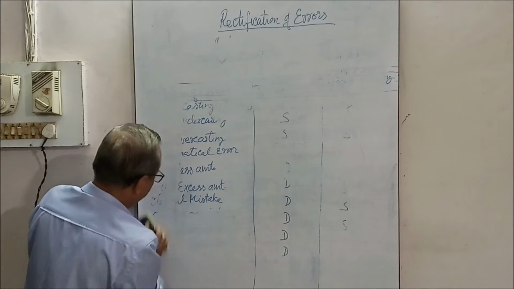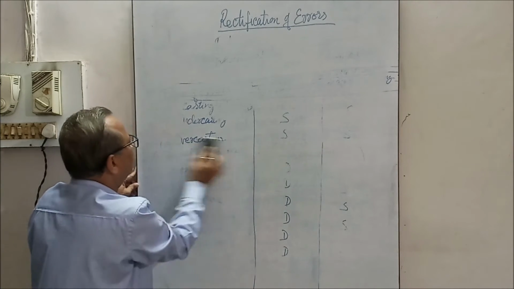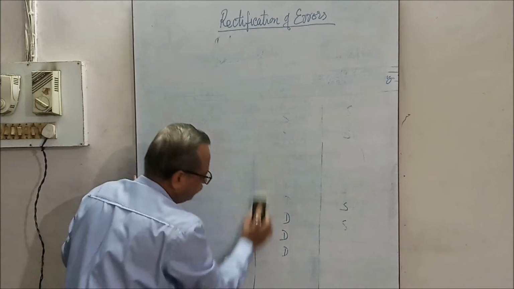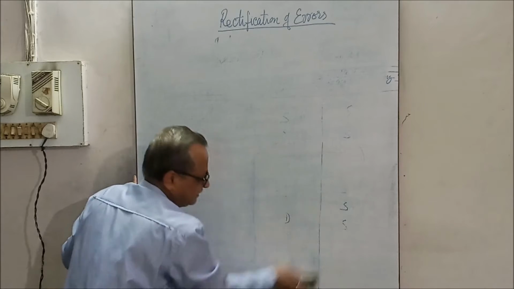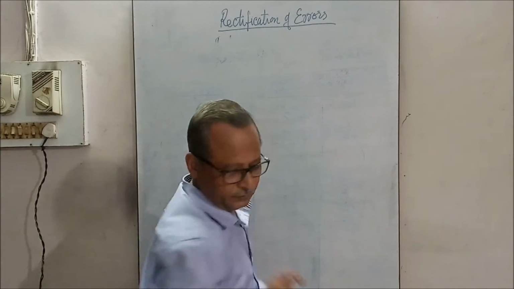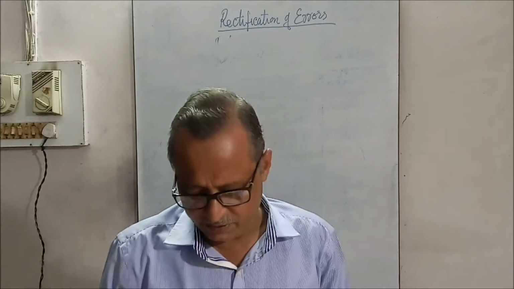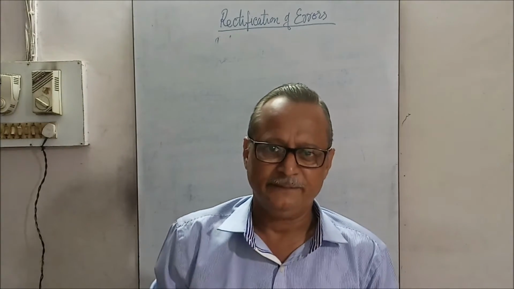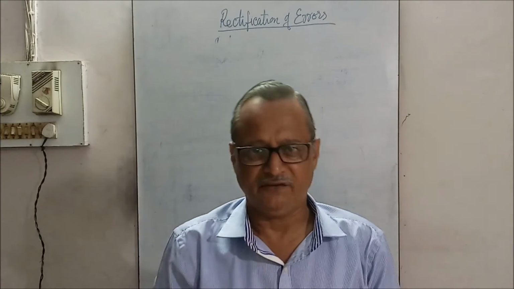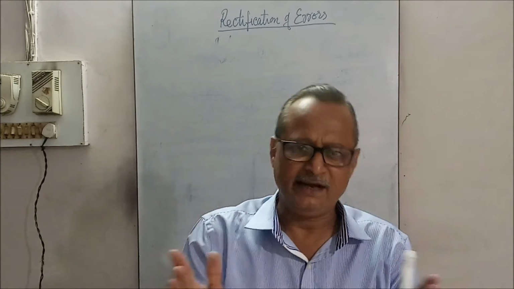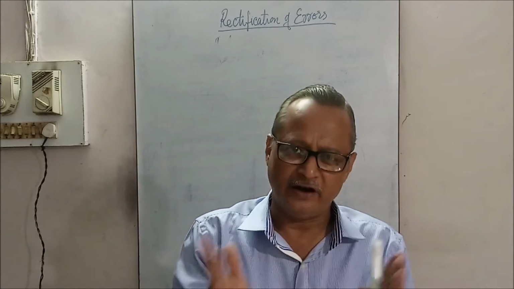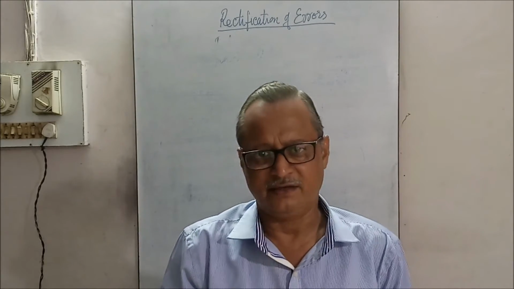We will take a question from your book, and then we will solve the question and rectify those errors. To rectify double-sided errors, we have to pass a journal entry. That is called the rectification entry, presented in the journal format as you have already prepared the journals.